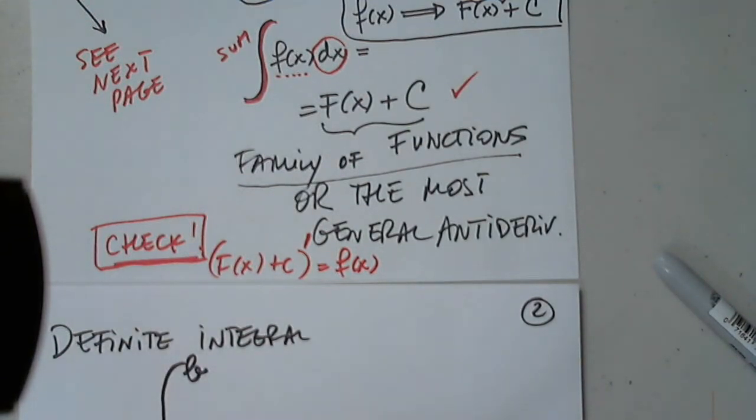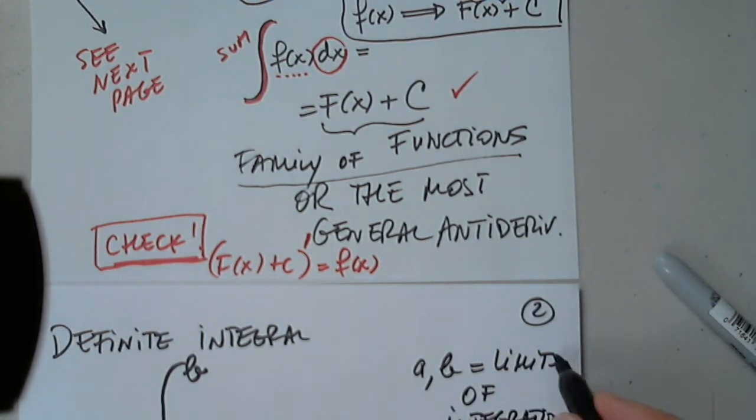I'm told the limits of integration. So a and b are limits of integration, nothing to do with LIM. It's the lower number and the upper number, called limits of integration, of f of x dx.